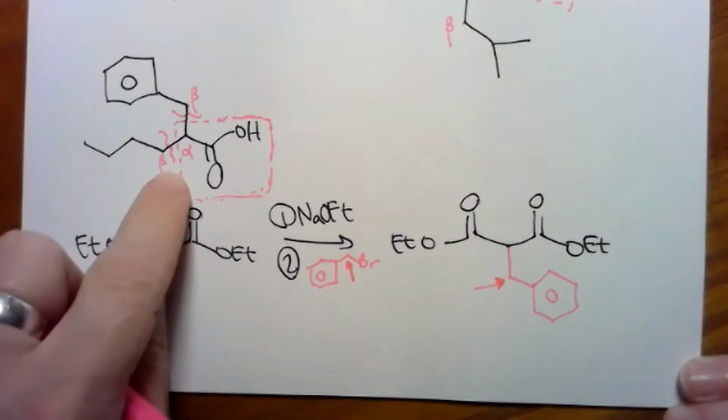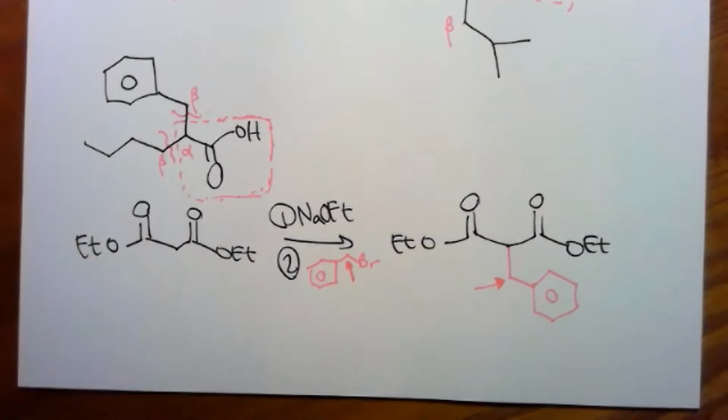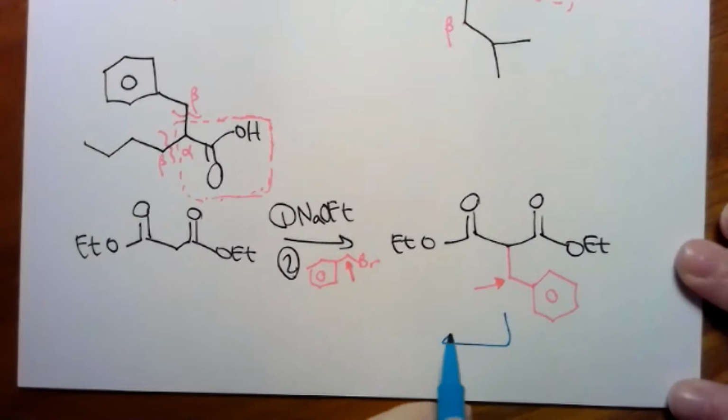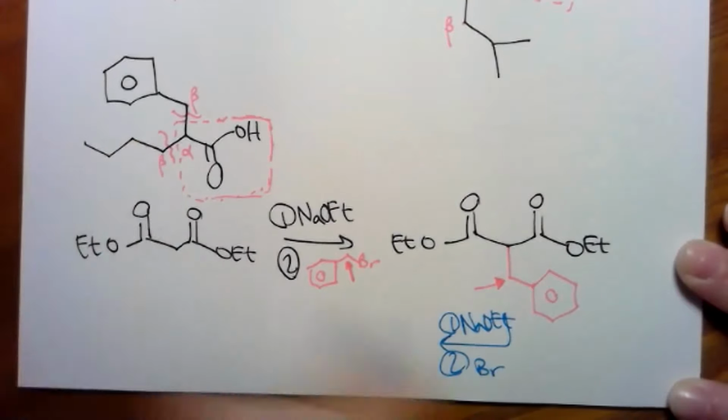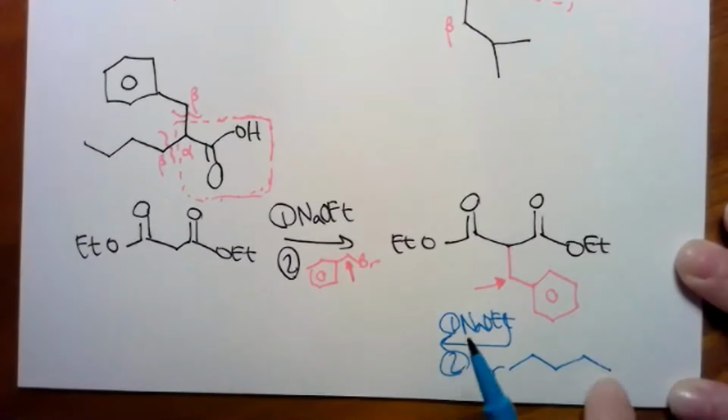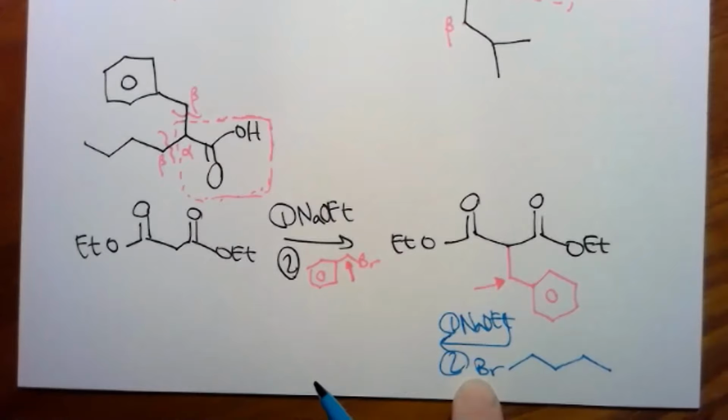I need to make another alpha beta bond. So lather, rinse, repeat. Pluck an alpha hydrogen. Add a good SN2 substrate. This time I need to add 4 carbons, 1, 2, 3, 4 with a leaving group at the end. Does it have to be a halogen? No. It could be another good leaving group like a tosyl, a mesyl, a triflyl.